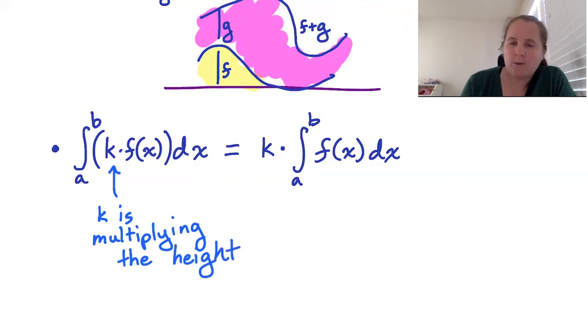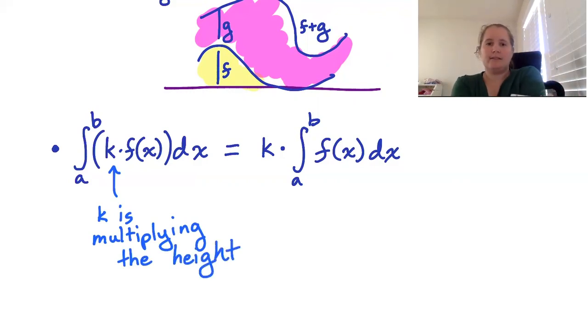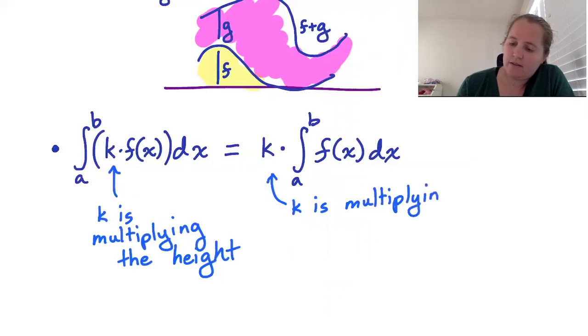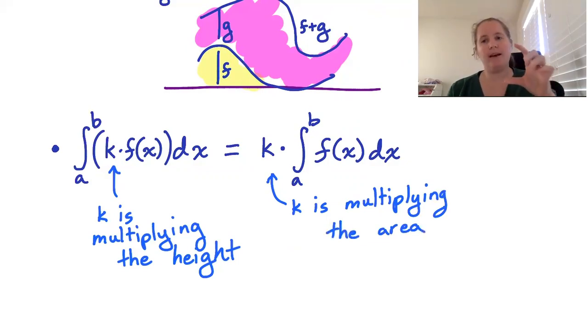But when we're doing all of our area calculations, that height just multiplied straight into the area. And so that's equivalent to here, k is multiplying area. And the k just comes along for the ride. So if we multiply the height by some amount, the area will also be multiplied by that.